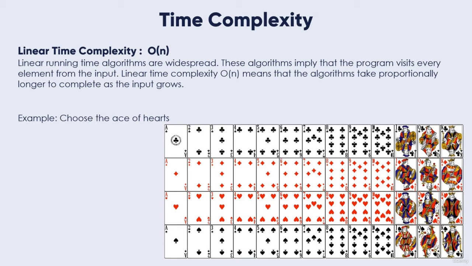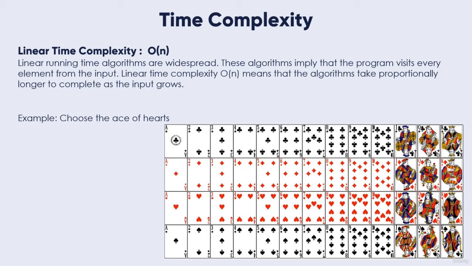So this time complexity depends on the number of the cards. Again, we need to choose the ace of hearts. So it is defined. We need ace of hearts. We don't need ace of spade or diamonds. We need ace of hearts.